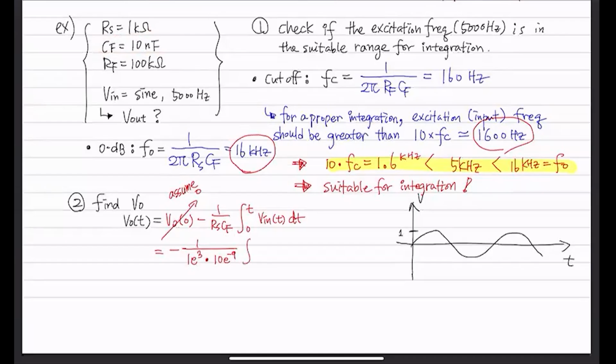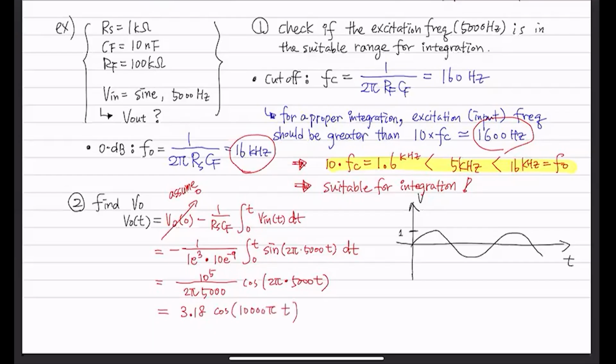And we need to find the integral from 0 to t of sine of 5,000 hertz, so sine 2 pi 5,000 t dt. From now, it's just math, right? After you do the math, it's going to be 3.18 cosine 2 pi 5,000 t.